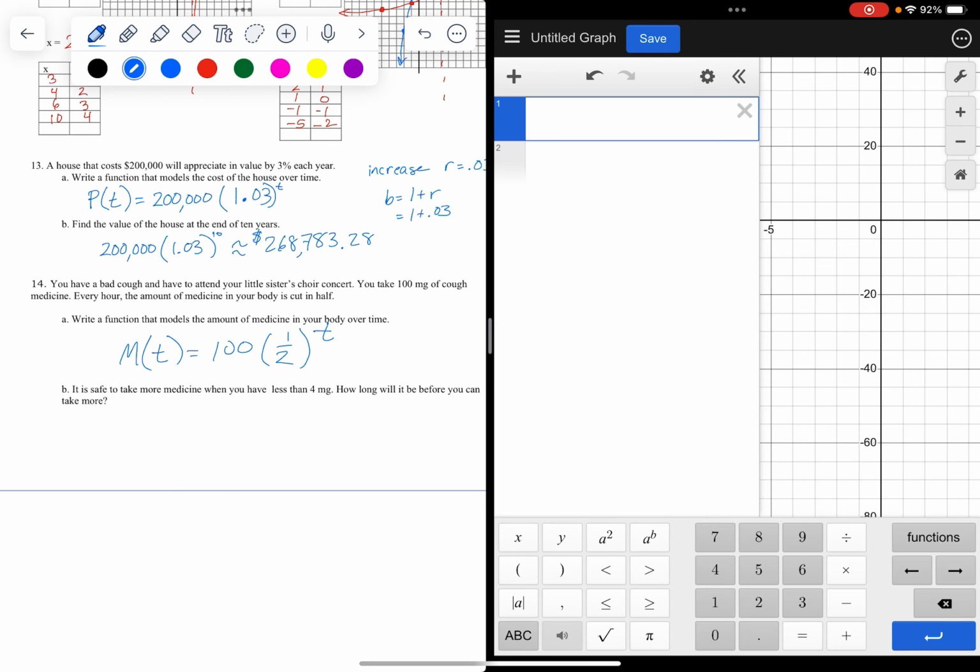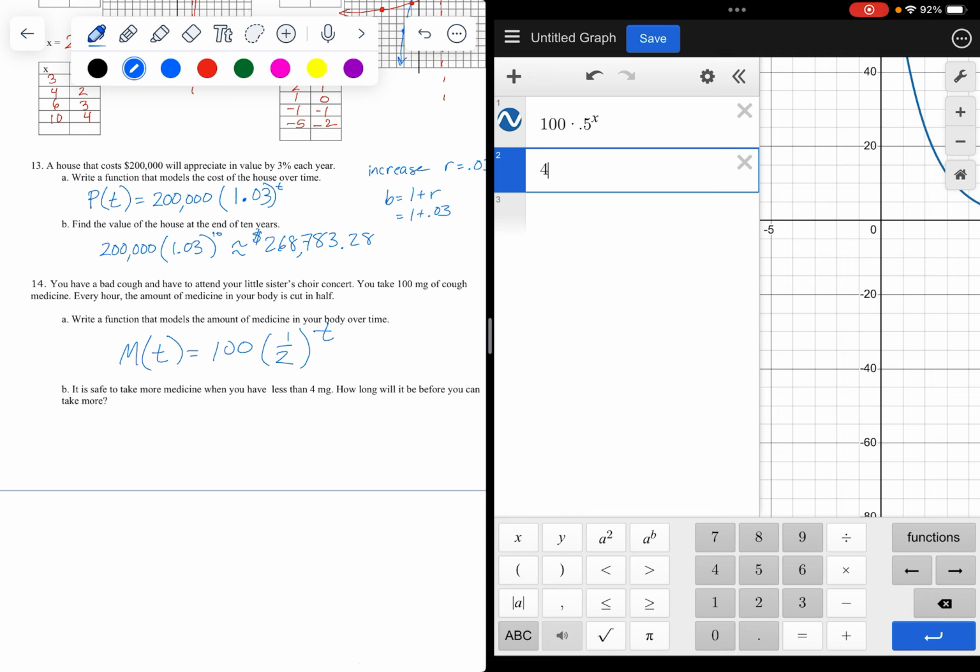Let's see. We have this 100 times 1/2, or 0.5, raised to the x. I want to see where that equals 4. I have to say it equals y, not x.